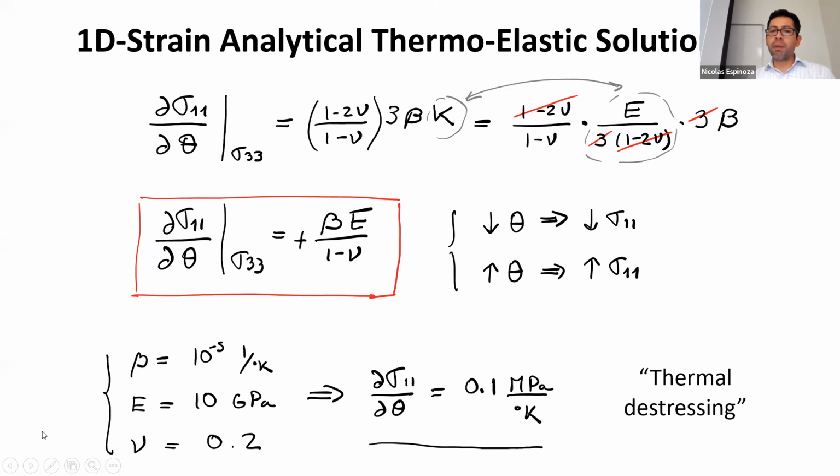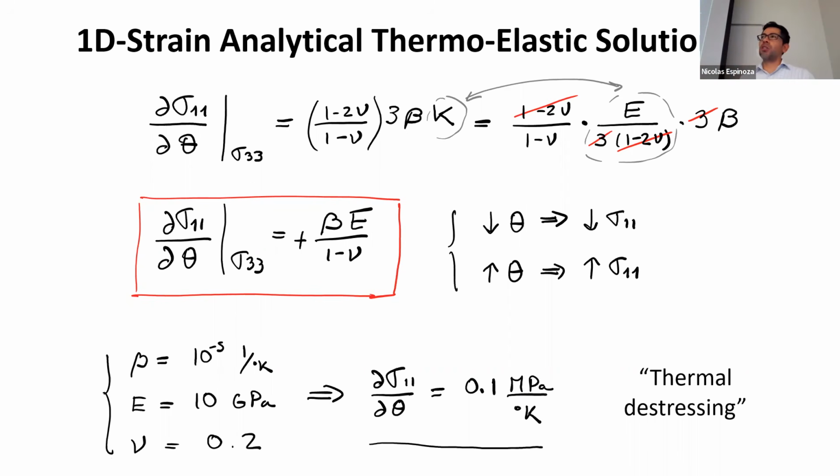Let's put some typical values for the thermal dilation coefficient, Young modulus, and Poisson ratio, and you get more or less that you're going to have about 0.1 MPa of a change of stress for every degree of change of temperature. Let's multiply this times 100.